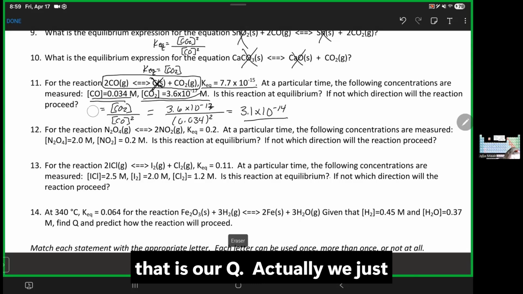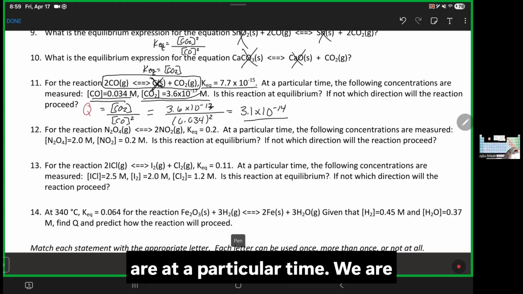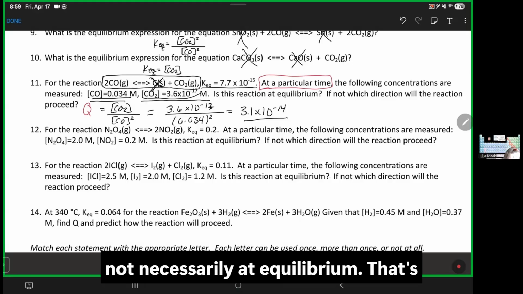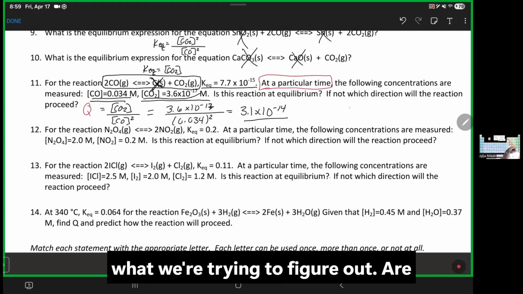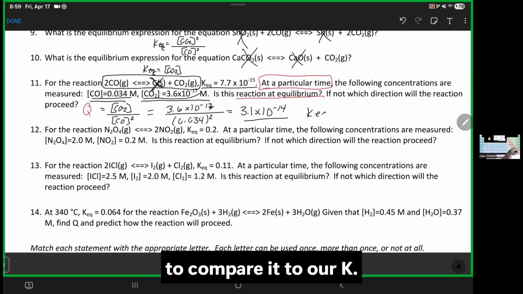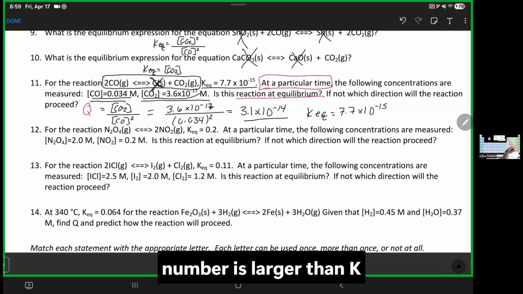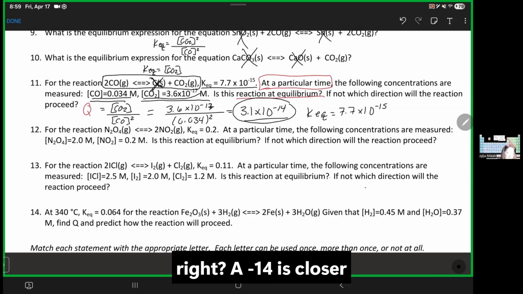Actually, we just calculated the Q for that because those are at a particular time. We are not necessarily at equilibrium. That's what we're trying to figure out. Are we at equilibrium? Okay, so we're going to compare it to our K. Our K is 7.7 times 10 to the negative 15. Okay, so this number is larger than K, right?